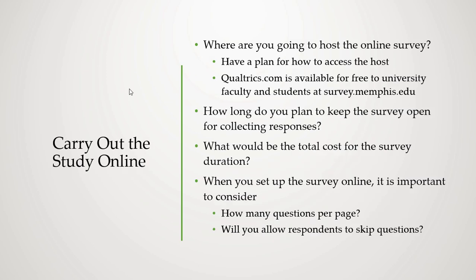For data collection, there are online tools such as SurveyMonkey.com and Amazon Mechanical Turk for researchers to host their surveys at a reasonable monthly or annual fee. In case you don't know, the university provides Qualtrics for students and faculty to use at no cost.